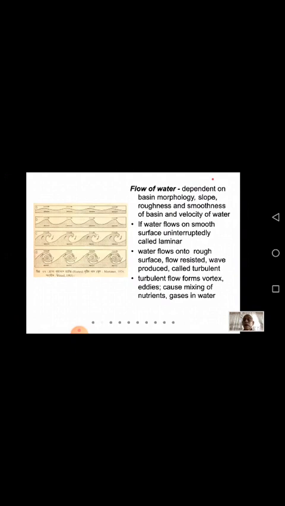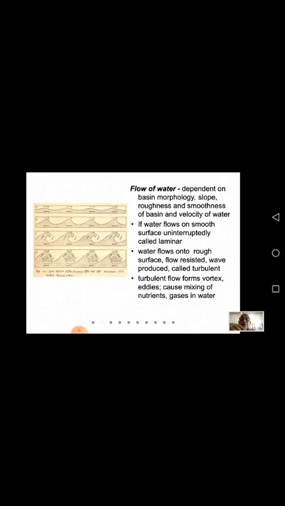Flow of water depends on basin morphology and slope, of course. How the basin morphology is created is an important factor for water flow. If the basin is too rough, the flow will be a different one.